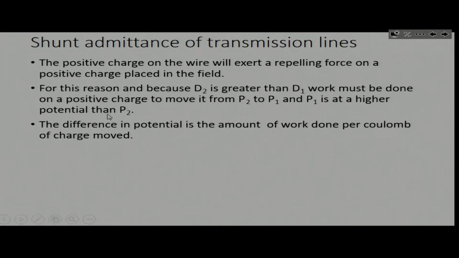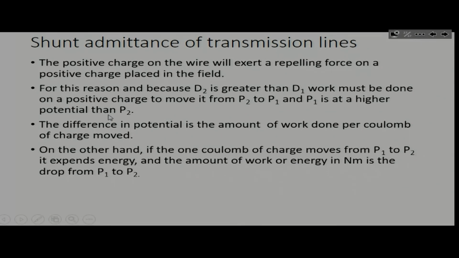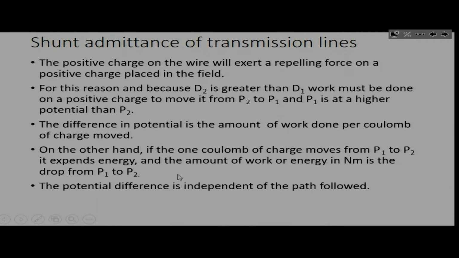The difference in potential is the amount of work done per coulomb of charge moved. On the other hand, if the 1 coulomb of charge moves from P1 to P2, it expends energy, and the amount of work of energy in newton meters is the drop from P1 to P2. And remember, the potential difference is independent of the path followed.